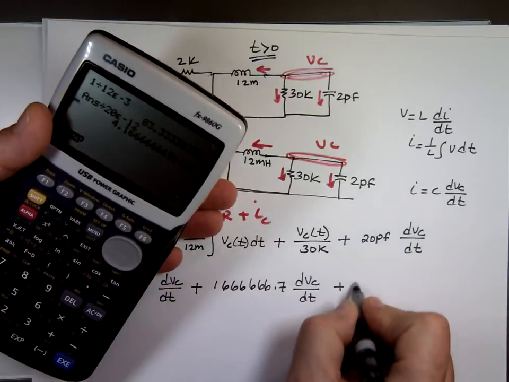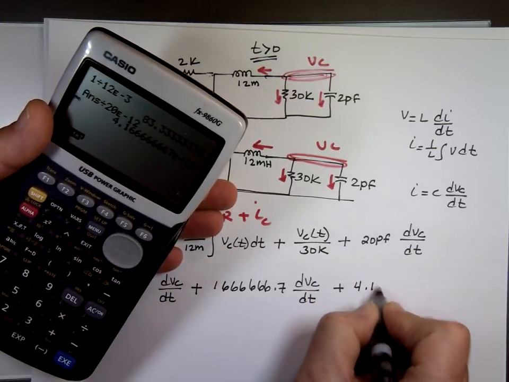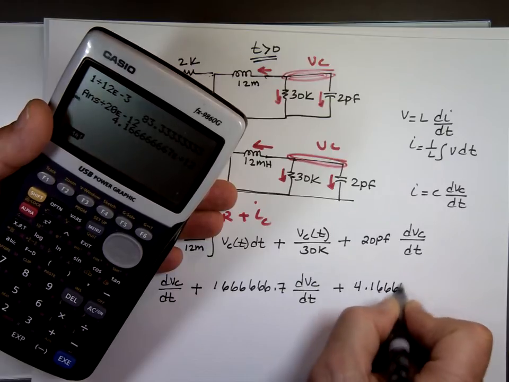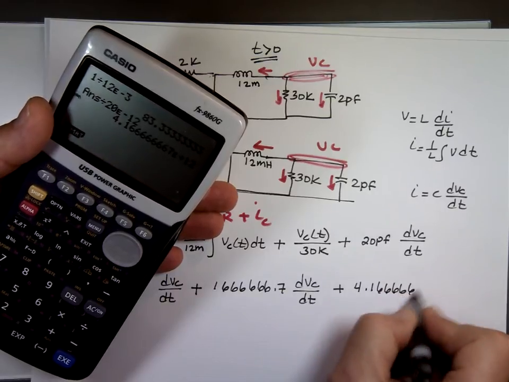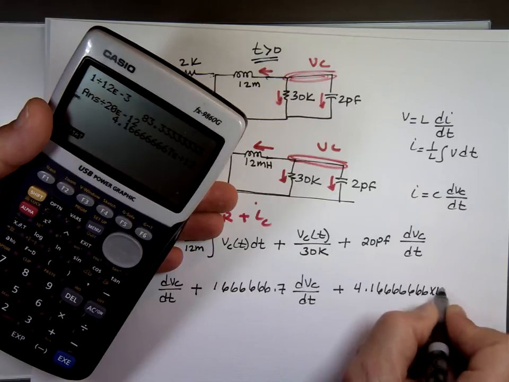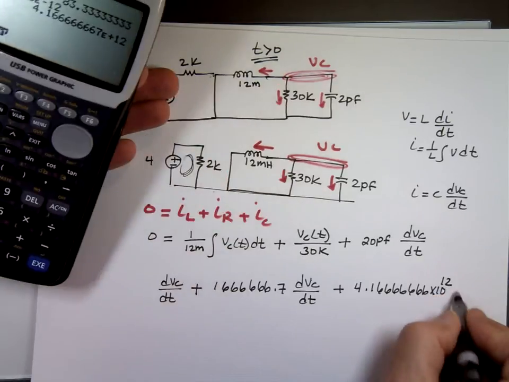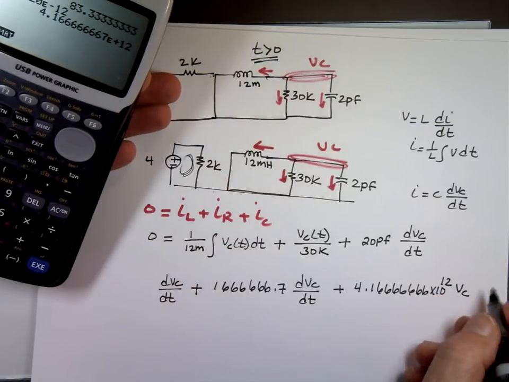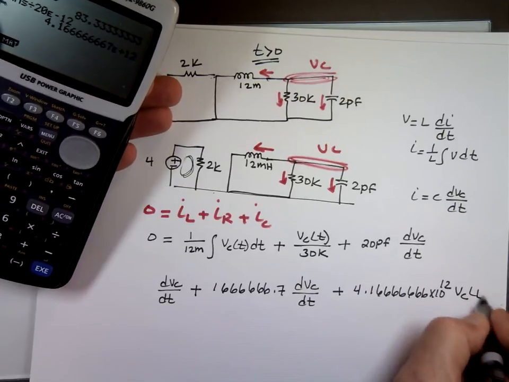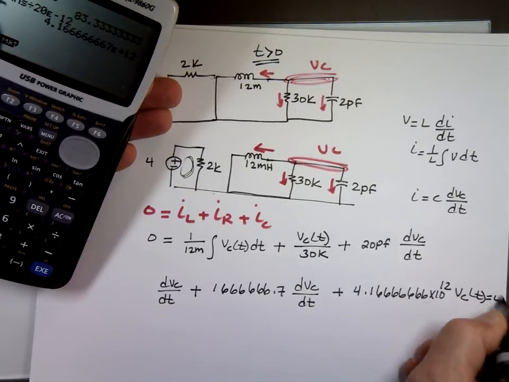This one is 4.16666, lots of them repeating, 666 times 10 to the 12, times VC. Equals 0.